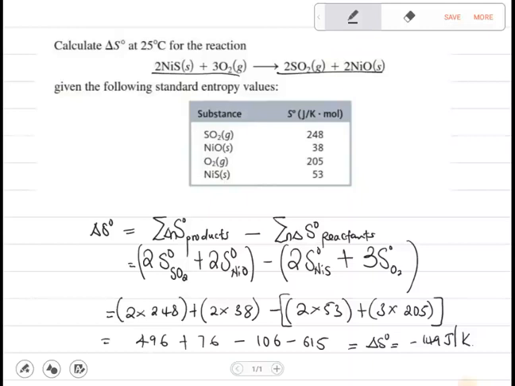Look at the number of gaseous molecules on both sides, the reactant side and the product side. On the reactant side we've got 5, on the product side we've got 4. So it has decreased. Remember what I said? When the number of molecules decreases, the entropy also decreases. That's why it's negative. So that's the answer for this question.